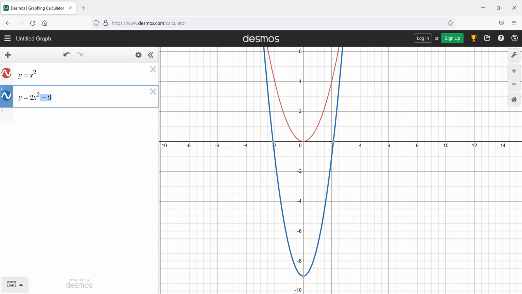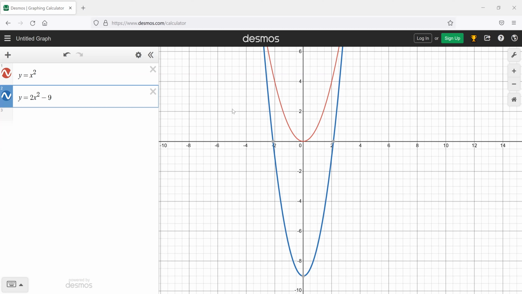It goes down 9 spaces and goes up 2, vertical to 2 spaces.